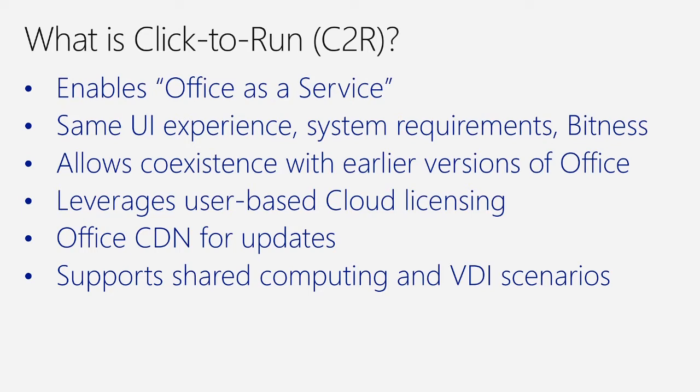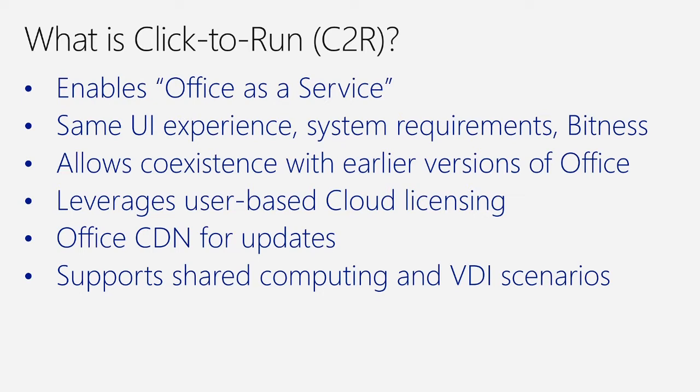So what is Click to Run? It sounds like most people here are either deploying, planning on deploying, or looking at deploying. So I won't spend a ton of time on this because I want to get more to the meat of deployment, et cetera. But what does Click to Run really mean? It enables Office as a service. What that means, I already touched on it, as features are required from our other 365 suite of products, Pro Plus is where those get pushed down.